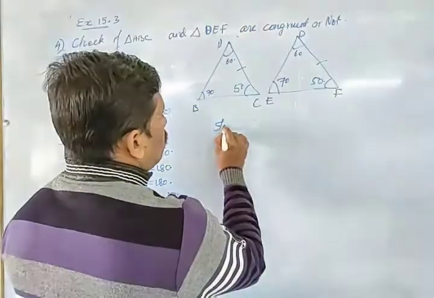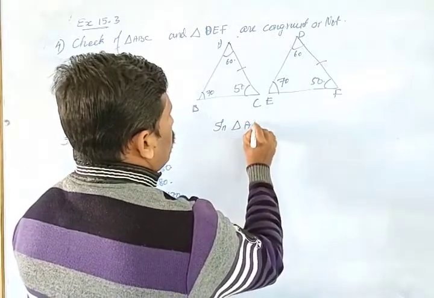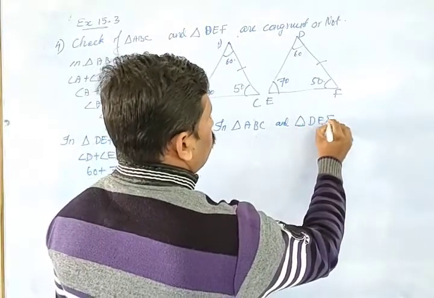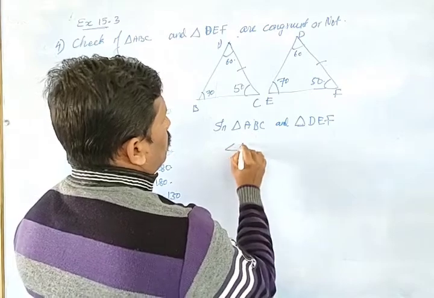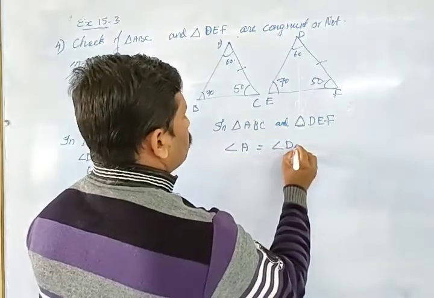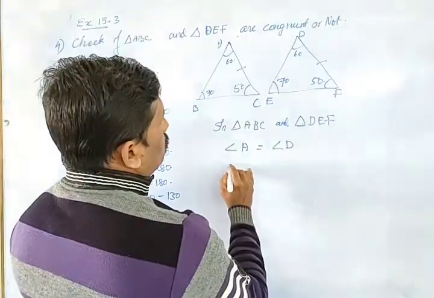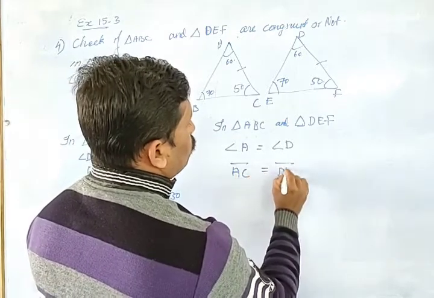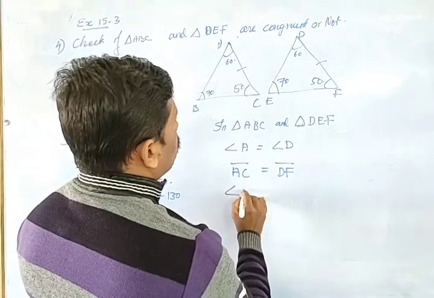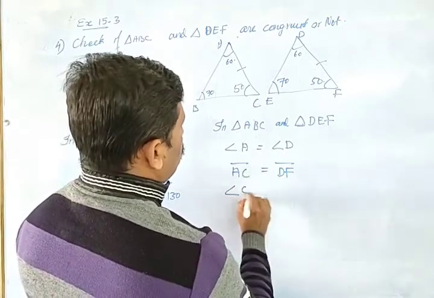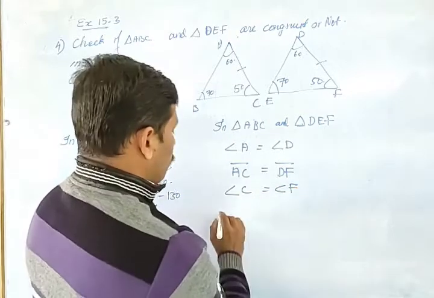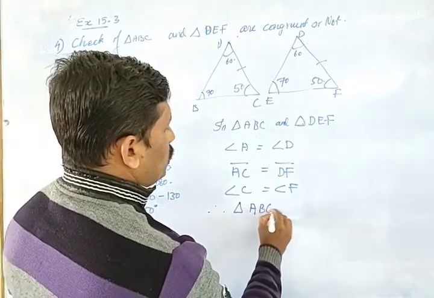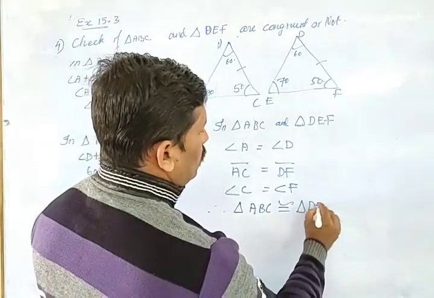Therefore, we write that in triangle ABC and triangle DEF, angle A is equal to angle D, and side AC is equal to side DF, and angle C is equal to angle F. Therefore, triangle ABC is congruent to triangle DEF.